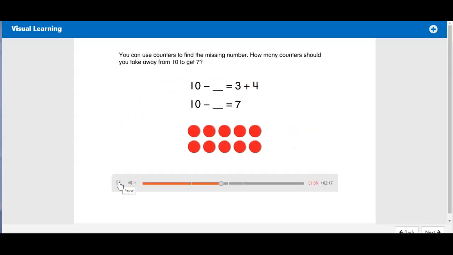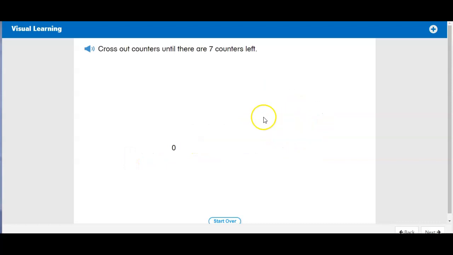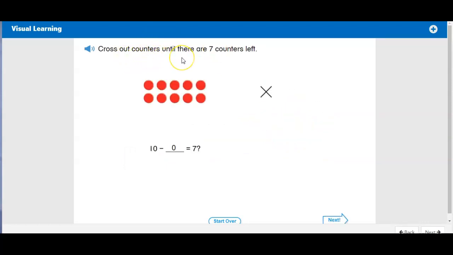You can use counters to find the missing number. How many counters should you take away from 10 to get 7? It tells us to cross out counters until there are 7 counters left. Notice how the number will change as we move the X over the counters.